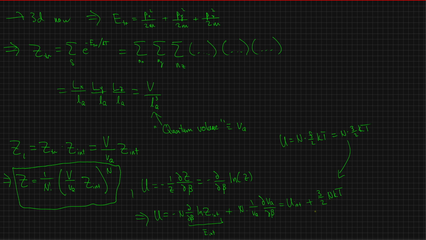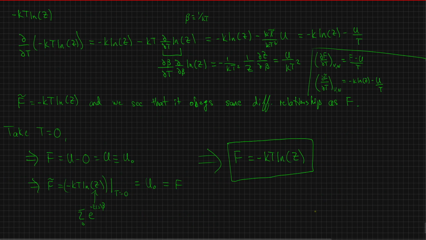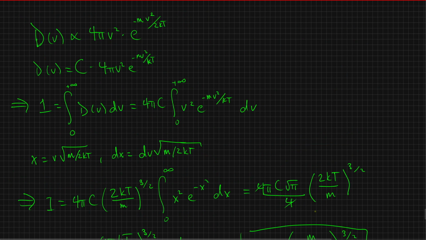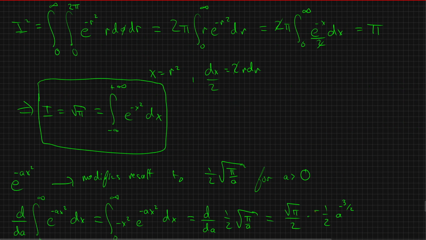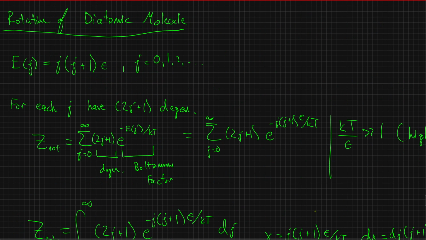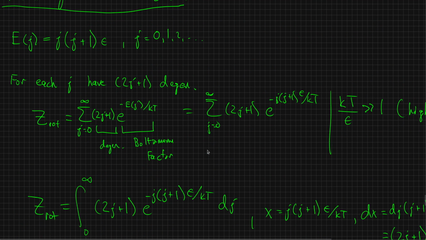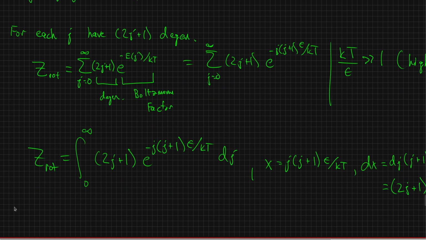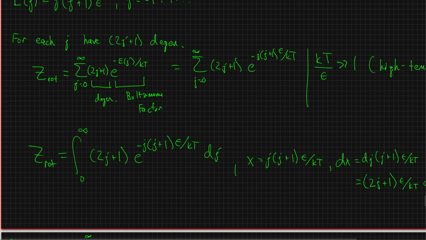And can we also get a U internal? Yeah, so U internal we talked about last class. I might even have the slides. Let's go back a little bit. So we were evaluating the partition function for a diatomic molecule, remember?